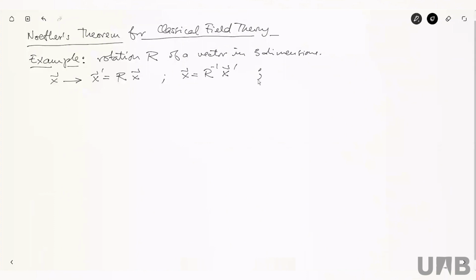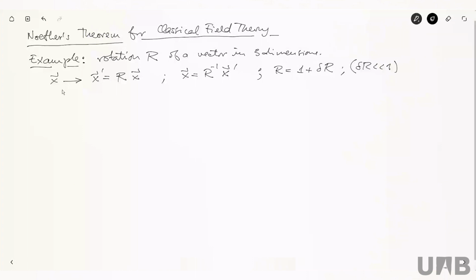In practice, we will use that the transformation, in this case the rotation, is going to be close to the identity. So we will take that the transformation is 1 plus a very small parameter. So this delta R will be much smaller than 1. But this is not essential for what I'm discussing here, I just want to say it so that you will see that that's exactly what we will do later on.